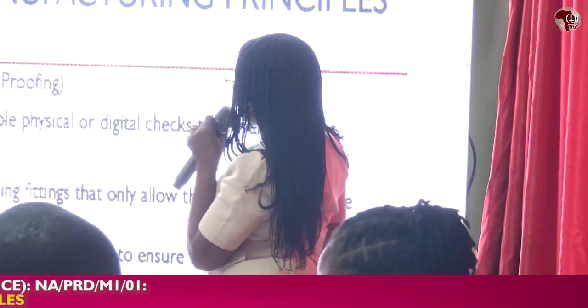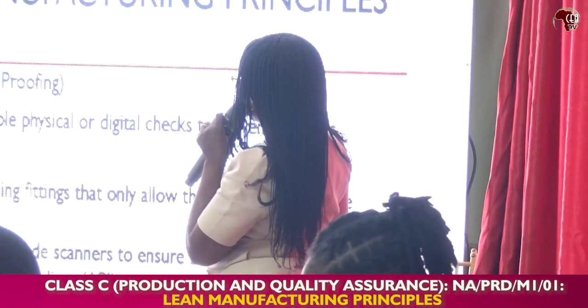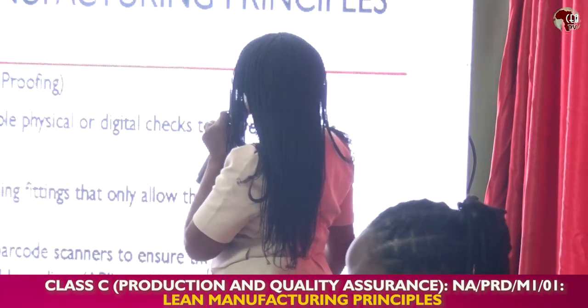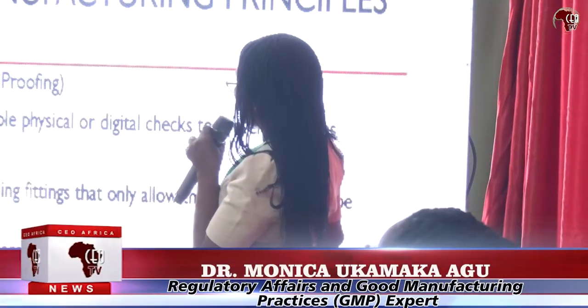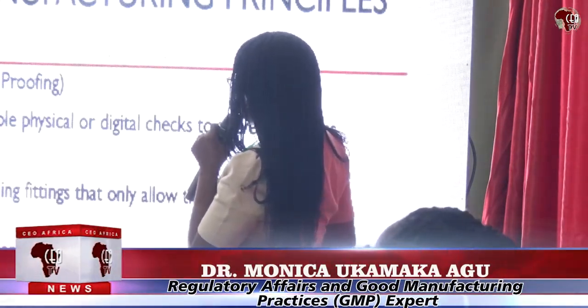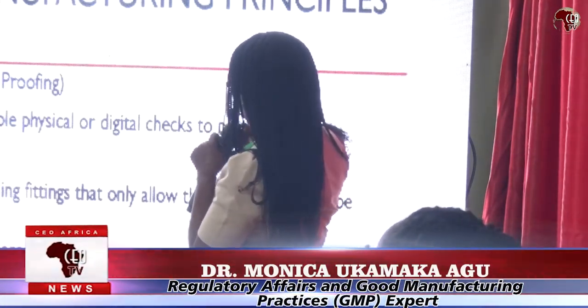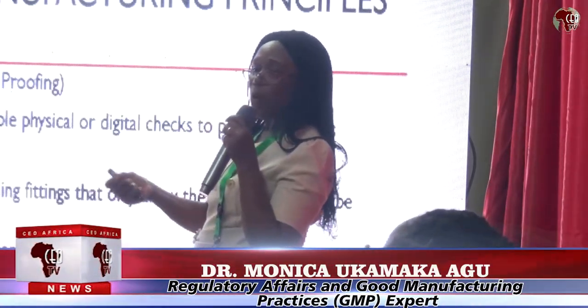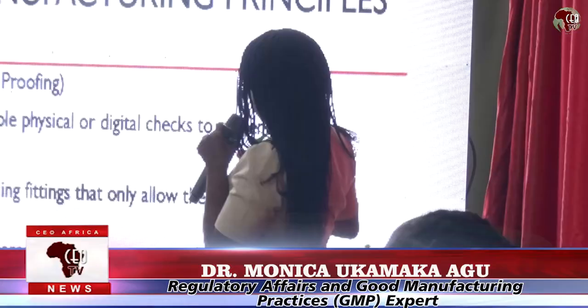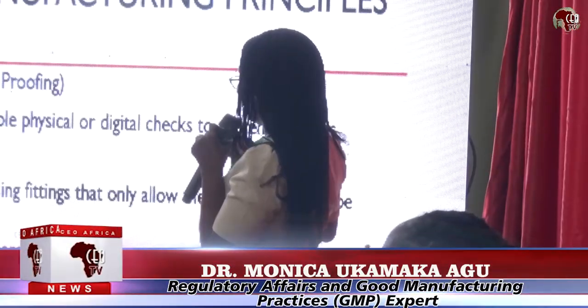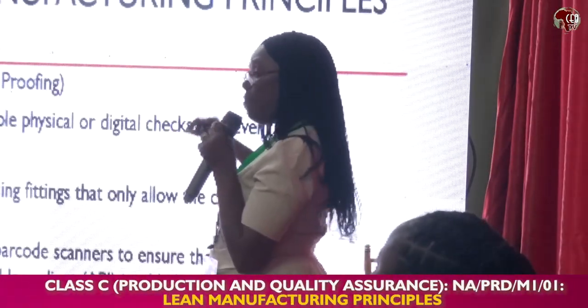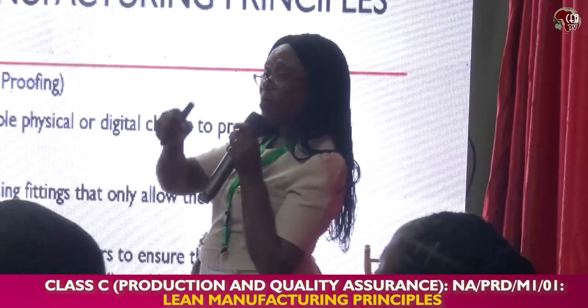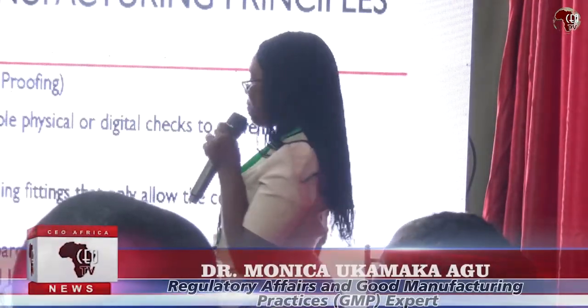The poka-yoke, that's the error proofing. You implement simple physical or digital checks to prevent mistakes. The mechanical one can be using fittings that allow only the correct tubing, like maybe gas tubing and all that. Only the correct tubings can be connected. The fittings will only work for that particular tubing, so that you don't bring the wrong one and start going back and forth.